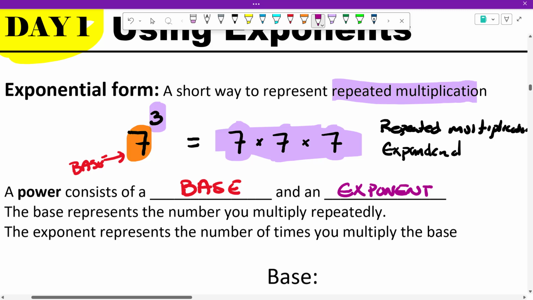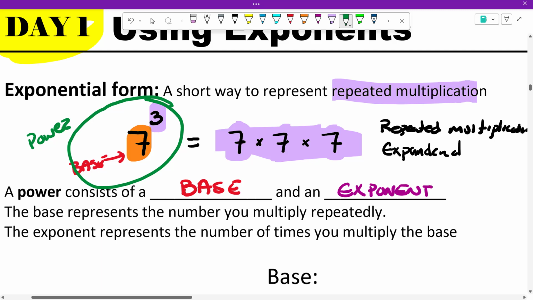And then people in their mind think the word power and exponent means the same thing, and it doesn't. And then there's just an error over the years, and nobody really corrected, right? When you use the phrase power, the word power means this whole expression is called a power. This whole thing is a power.